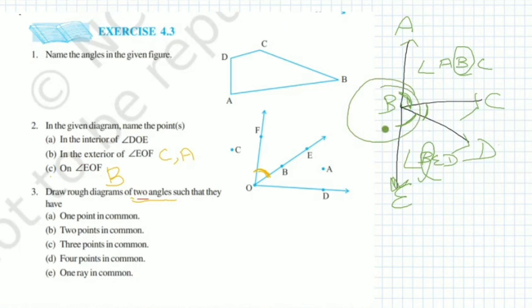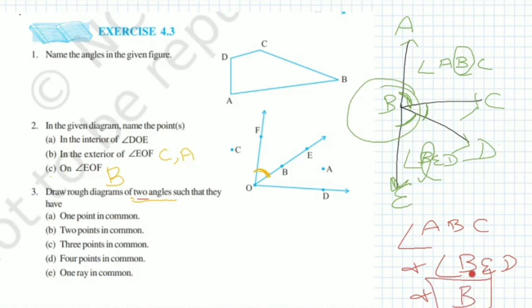Only B is common. So this will be the figure. So in the answer you will write the angles are ABC and angle BED, and the common point is B.